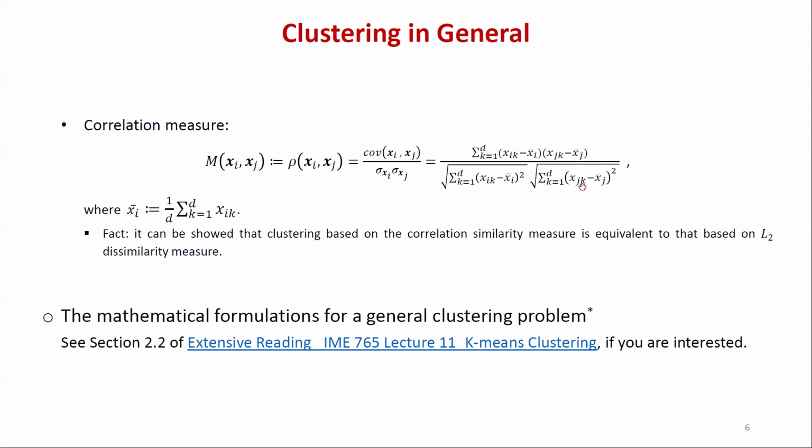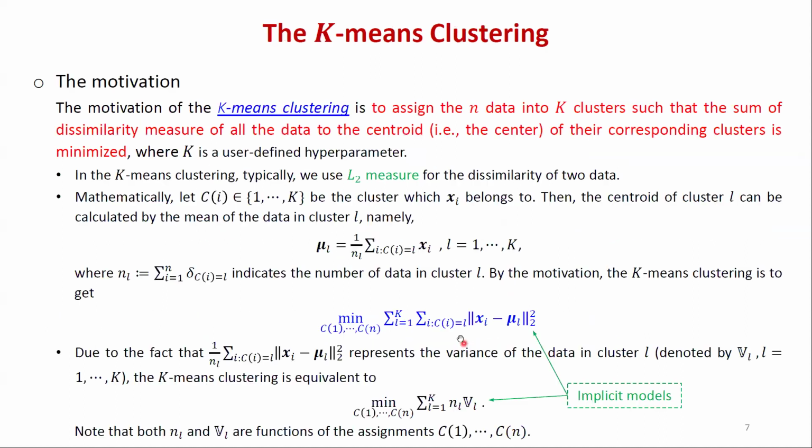It's easy to prove that this one and the Euclidean norm are the same. I believe I showed something here, so if you're interested. There are also some mathematical optimization formulations to formulate it as an L0 norm clustering problem. Unfortunately, it's an NP-hard problem. So it's a beautiful mathematical model, but it's not applied.